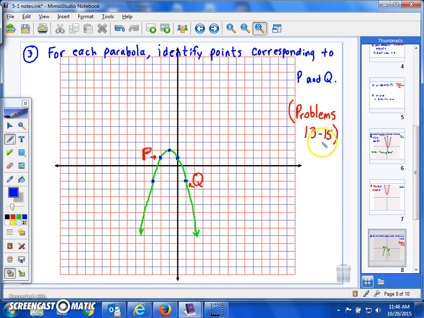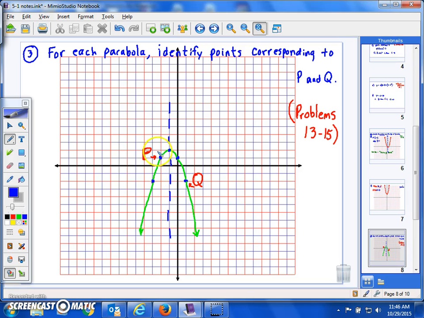Problems 13, 14, and 15, you're going to be provided with the graph of a parabola. And the directions say to identify the points corresponding to P and Q. In other words, thinking about the AOS as that line that splits our parabola up into two equal parts.